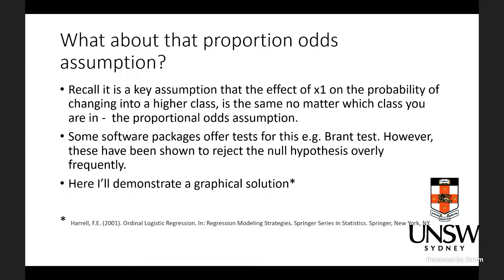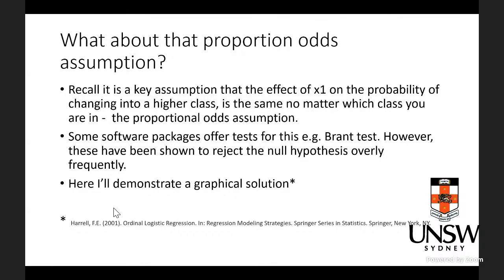So if you do run these tests, a lot of the time they'll tell you it doesn't satisfy the proportional odds assumption, but they do it a bit too much. So I'm going to demonstrate a graphical solution for checking the proportional odds assumption. And this is the one recommended in this Frank Harrell book.